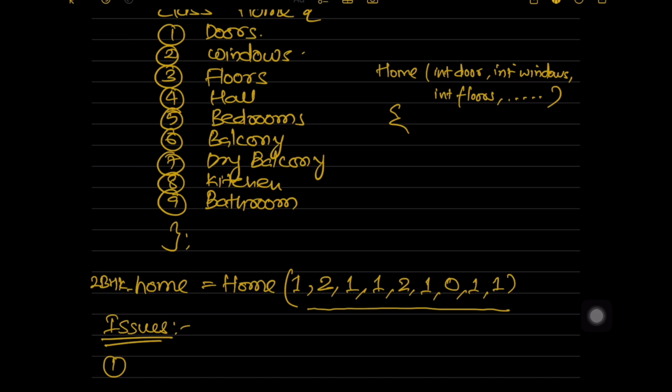Within this we set this.door equal to door, this.windows equal to windows, and so on. This is how we are passing. If someone reads this class creation, will it be readable?